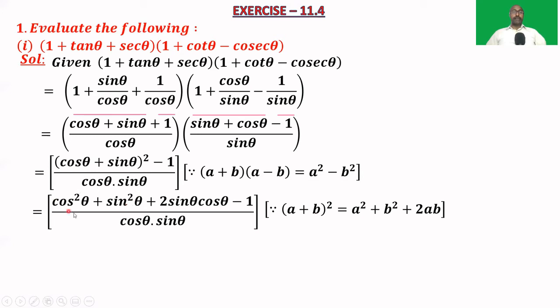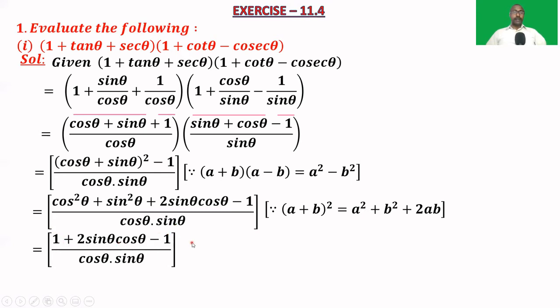Also we have cos square theta plus sin square theta is equal to 1. So we can write this sum as 1 plus 2 sin theta cos theta minus 1 by cos theta sin theta. So here we have 1 minus 1.